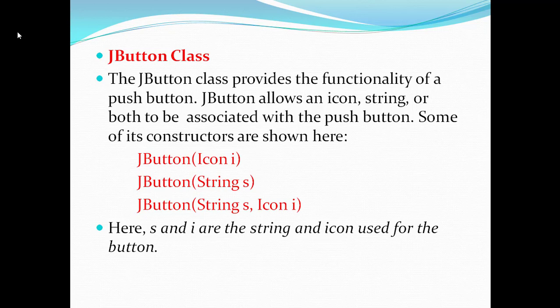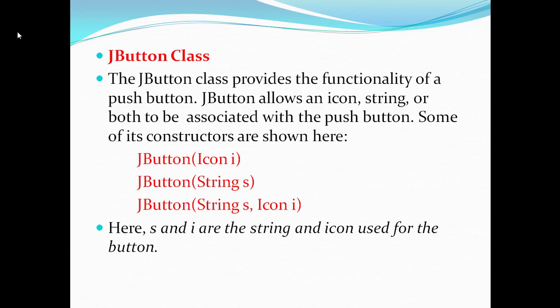First constructor, JButton(Icon i). Second, JButton(String s). Third constructor, JButton(String s, Icon i). Here s and i are the string and icon used for the button.